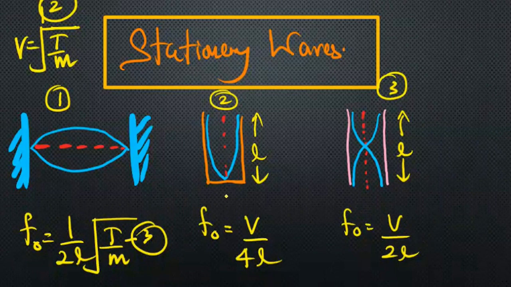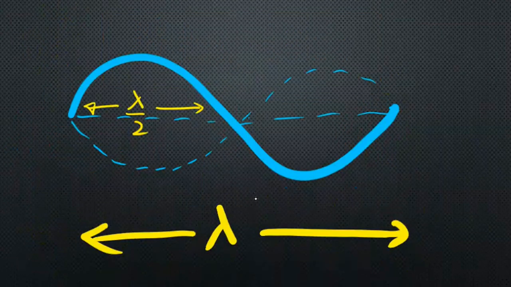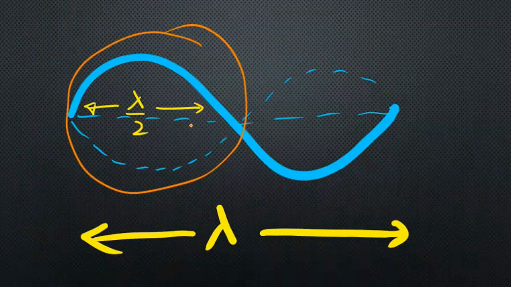So this is a closed tube and this is an open tube. When a stationary wave is formed, we get a loop like this. The length of this loop is lambda by 2. Remember, the length of a loop is lambda by 2, half of the wavelength.